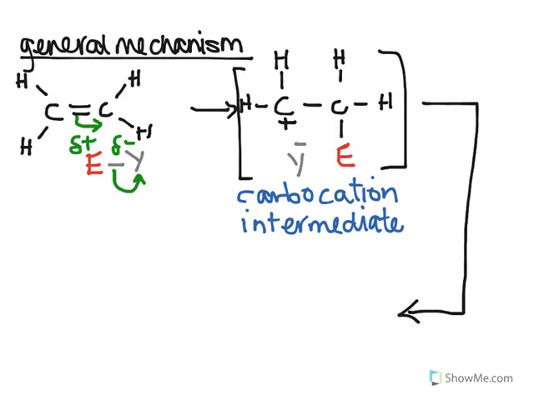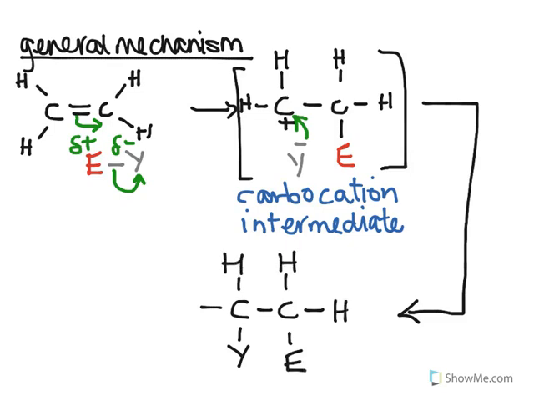This negative ion will then be attracted to this positively charged carbocation and make a bond with it to form our final product, Y and E, both joined onto our original alkene, which now has a single bond between the two carbons.